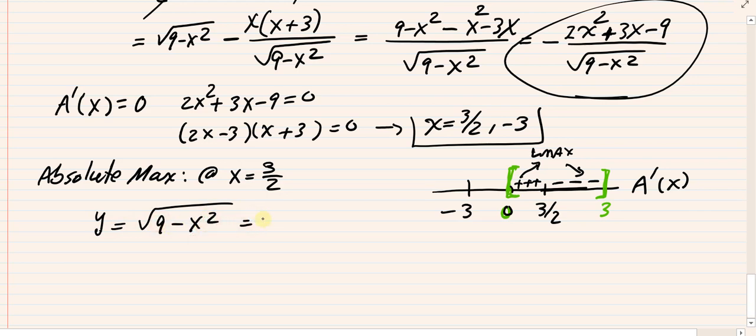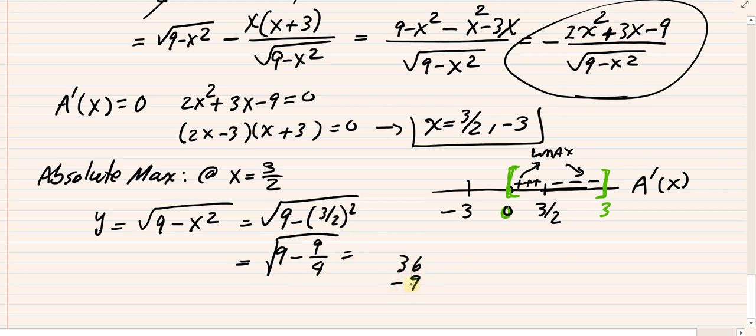So it's going to be 9 minus 3/2 squared, which is 9/4. 9 minus 9/4, 3/2 squared. That's going to be 36 minus 9, 27. Root 27/2.